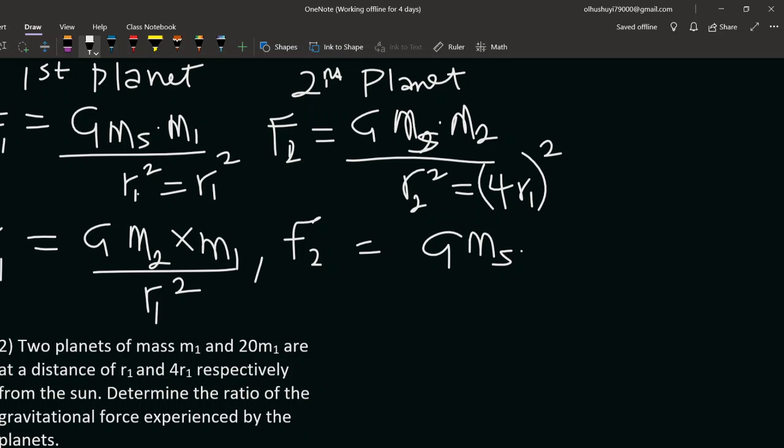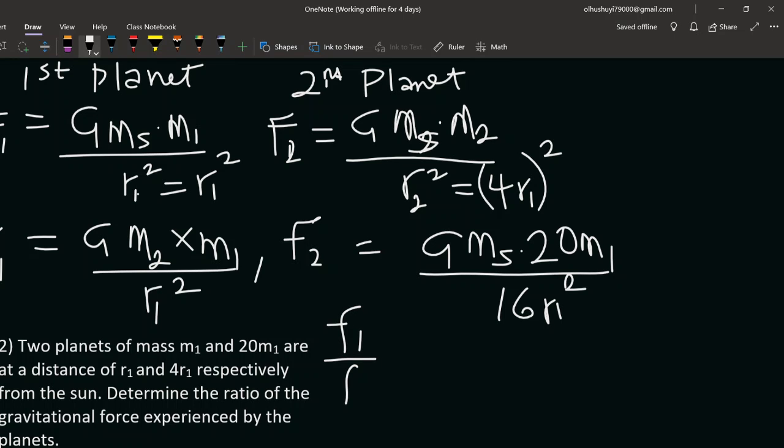The m2 is, we're told, 20 times m1. That is 20 m1. Then upon this one will become 16 r1 squared. Now taking their ratio means f1 over f2.